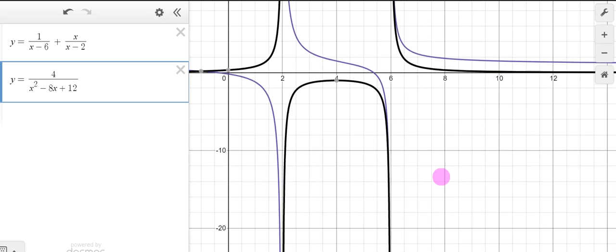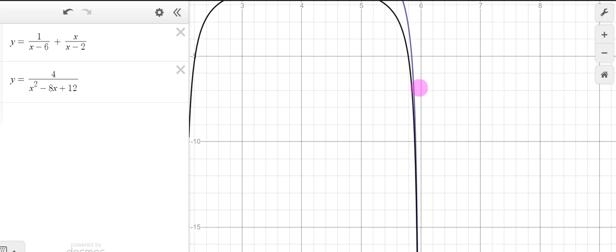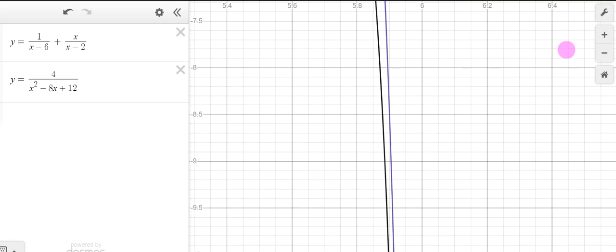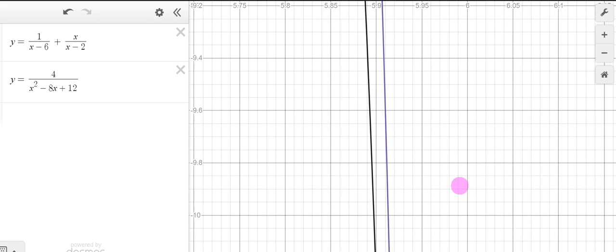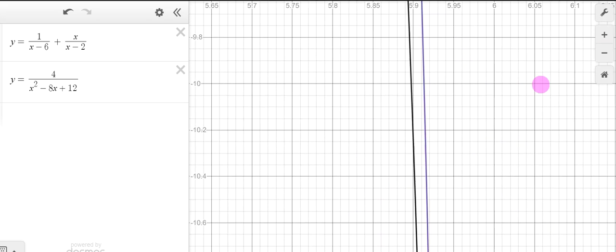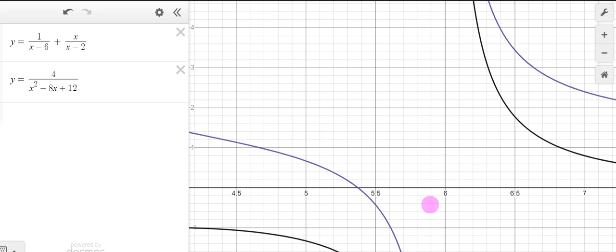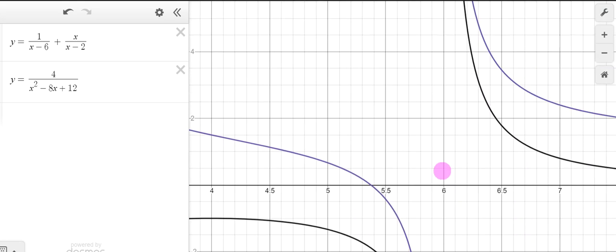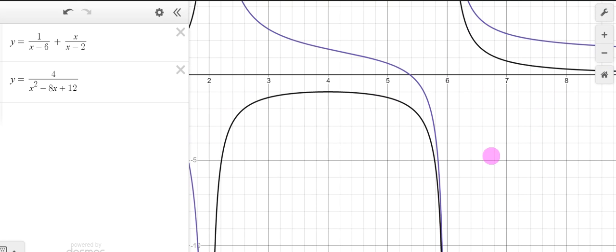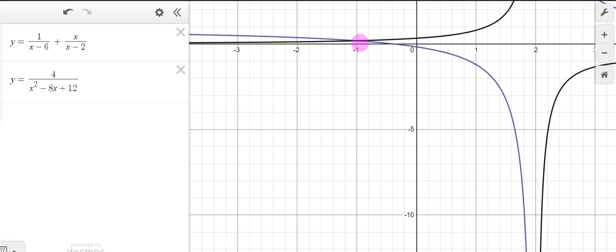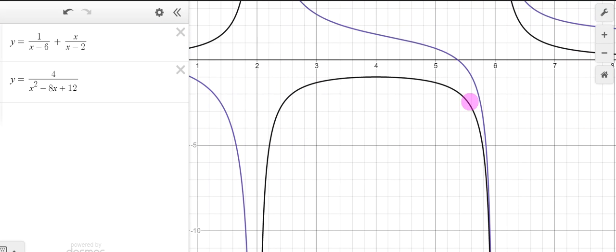If we were to zoom in, the closer you get, look, the bigger that gap gets. So you can see, the further out it looks like they cross, they're never going to cross, and it is at that 6. So using technology, you get that one solution, but the other potential one you think is there is not.